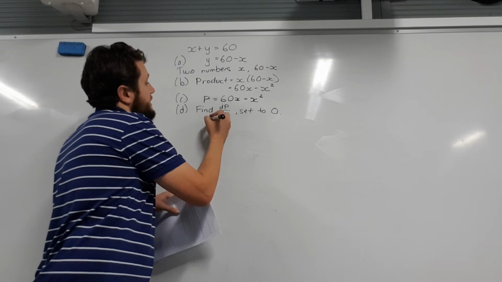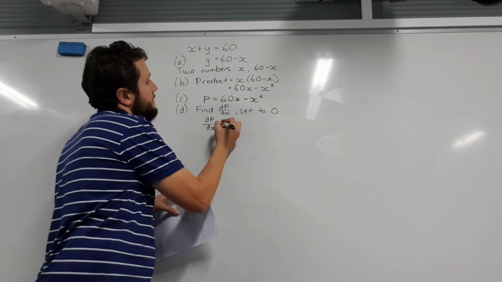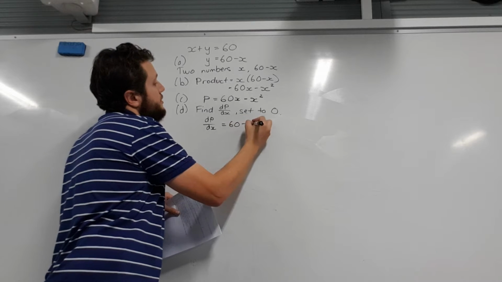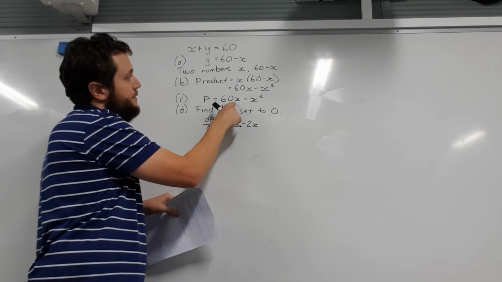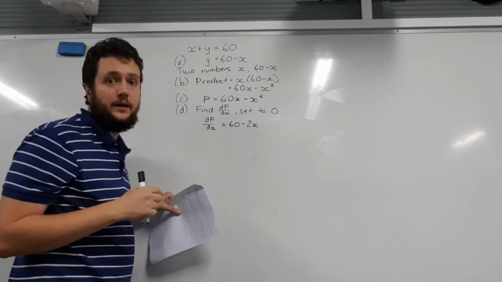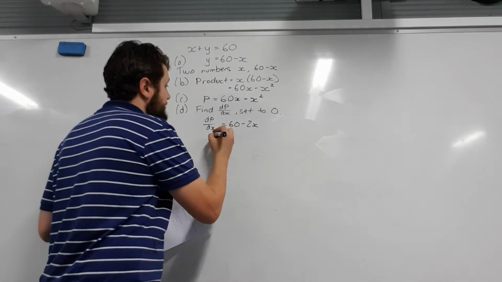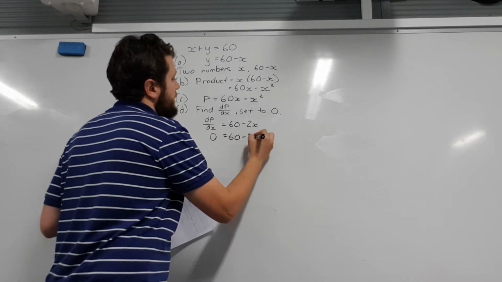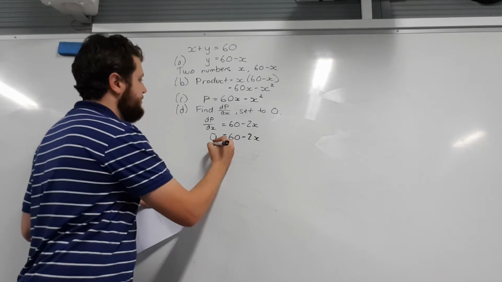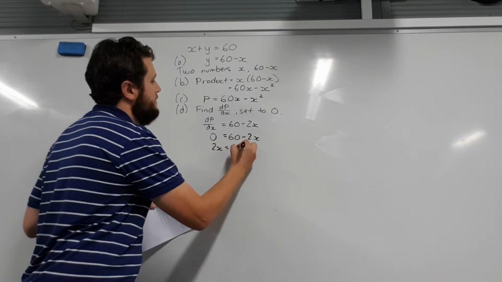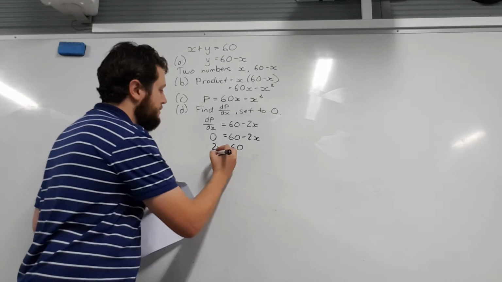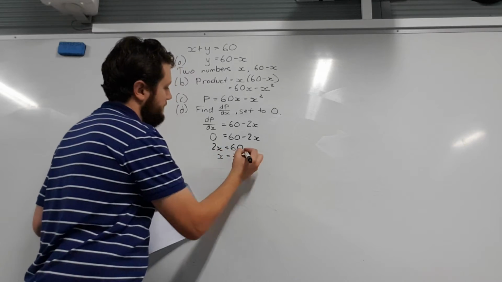Right, so dp/dx is going to be 60 take away 2x, because we just lose the x and the 2 comes out the front. We set that to 0 and solve it. I add 2x to both sides, I get 2x equals 60. Divide both sides by 2, x equals 30.